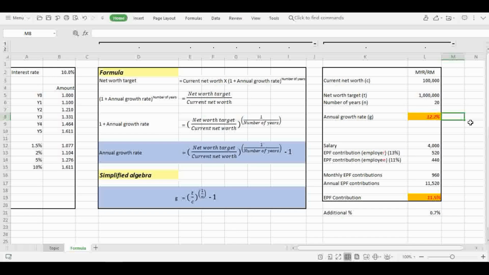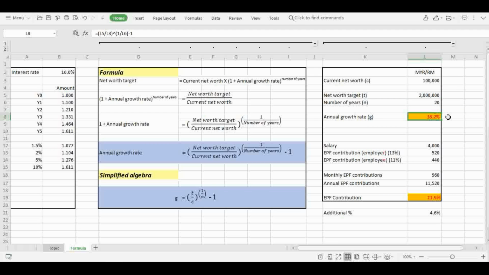Since it's going to be easy to achieve the 12.2%, because your EPF contributions contribute a big chunk of it, let's be more aggressive. So instead of achieving 1 million in 20 years' time, let's go for 2 million in 20 years' time.